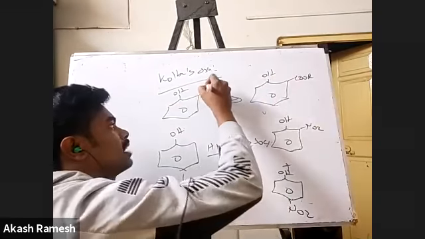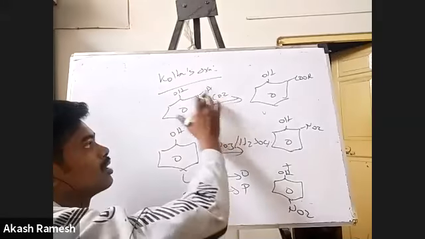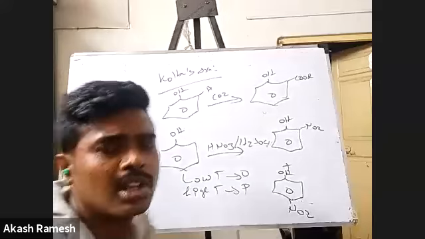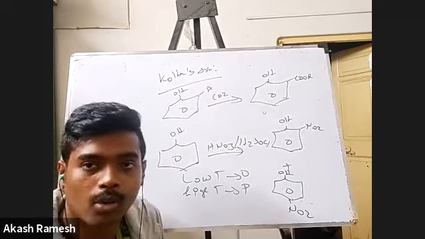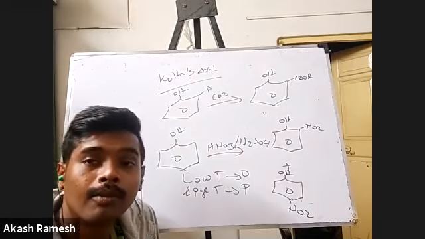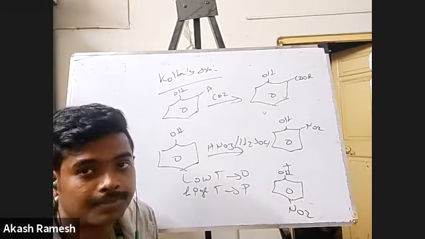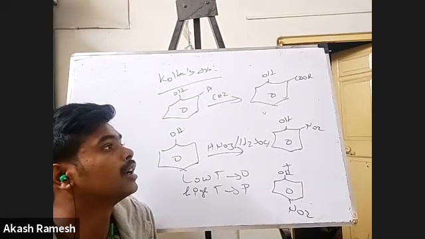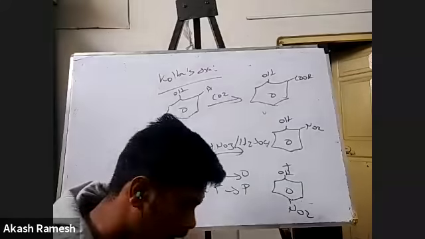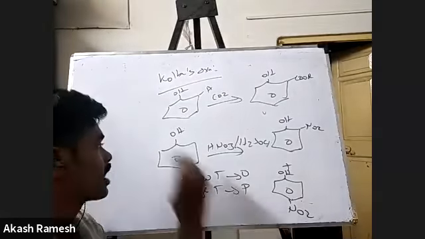I understand H is already there. Now CO2 just gets in between this carbon and hydrogen, so you'll form COOH. Mechanism not important, don't worry about it. So Kolbe's reaction is where I have phenol reacting with carbon dioxide, and you will end up with COOH. Fine. So that is Kolbe's reaction.